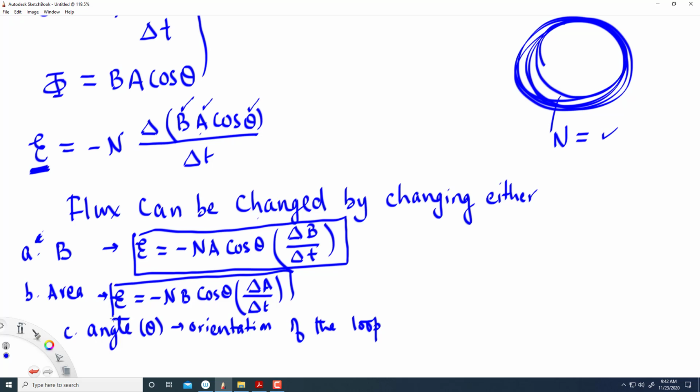In the third case, I am keeping B and A constant, but I'm changing cosine theta. So pull B out, A out, because they are constant. I'm changing cosine theta.